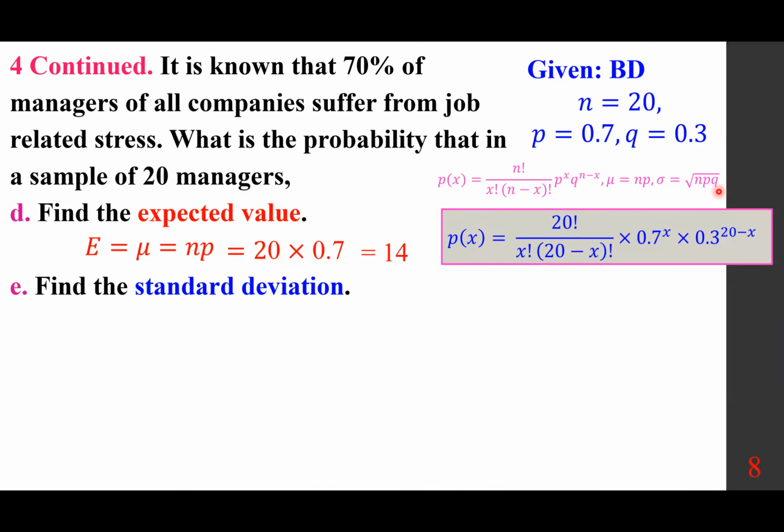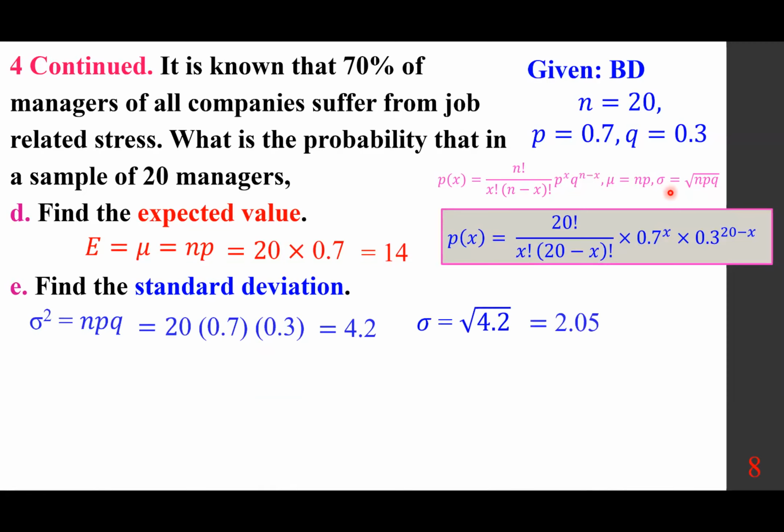Sigma is the square root of NPQ. So sigma squared is simply N times P times Q. So 20 times 0.7 times 0.3 is 4.2. And sigma is the square root of that. And we put 2.05. As far as the number of decimals, again, you really want to pay attention to what they ask you.